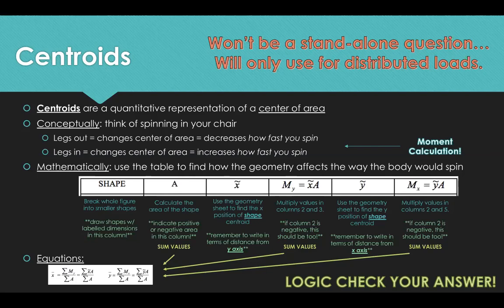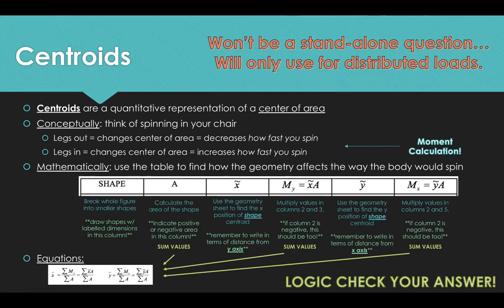So conceptually, I don't know how many of you are sitting in a spinny chair right now, but I know everyone's done this. If you spin in your chair, and you put your legs out in front of you, you spin a lot slower, right? If you have your legs tucked in under you, you spin a lot faster.